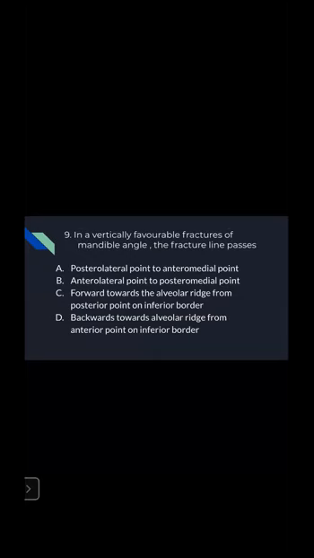In a vertically favorable mandibular angle fracture, the fracture line passes A. Posterolateral point to anteromedial point, B. Anterolateral point to posteromedial point, C. Forward towards the alveolar ridge from posterior point on anterior border, D. Backwards towards the alveoli from anterior point on inferior border. The answer is anterolateral point to posteromedial point, as we can see in the diagram, this will resist the movements caused by the medial pterygoid muscle.